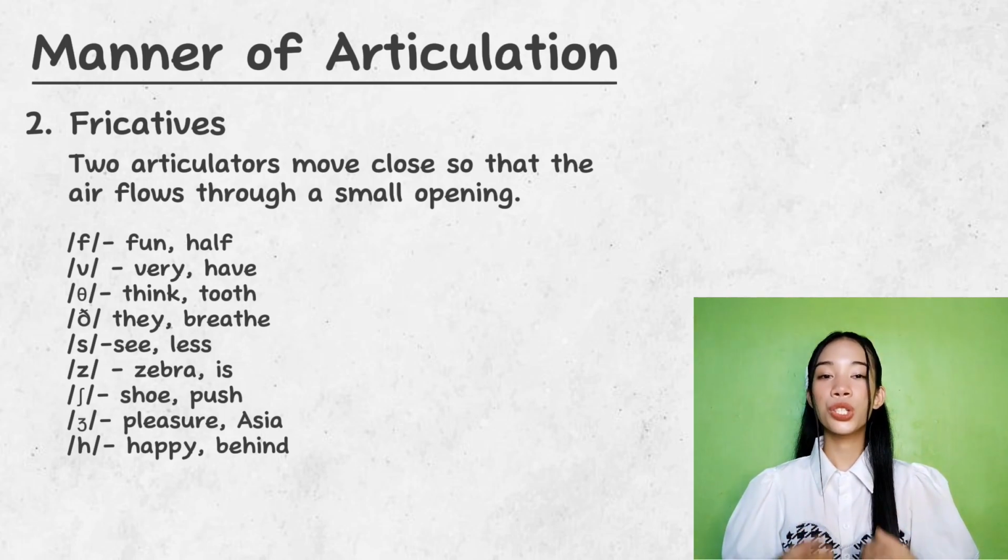And in the sound sh, I think it's very noticeable. We have a little closure here, but it's not complete. It's just a small opening near the teeth, sh. And the air passing through, we can hear the air turbulence. Of course, all of those have the same manner of articulation.